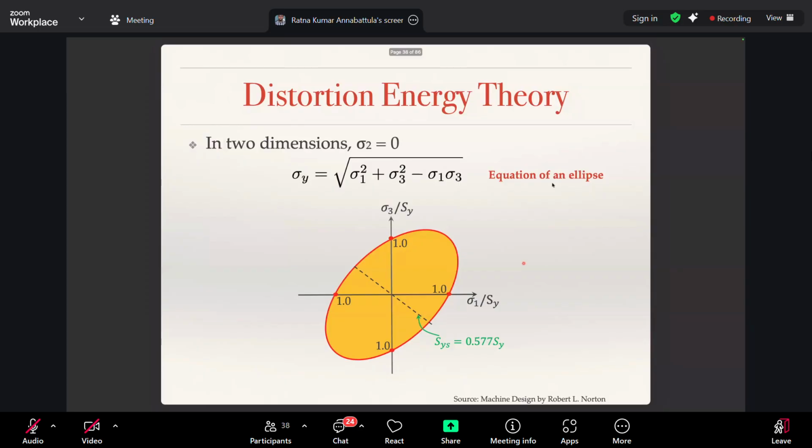So distortion energy theory in 2D is an ellipse oriented at an angle of 45 degrees to the principal axis. It is an ellipse in the principal stress space.